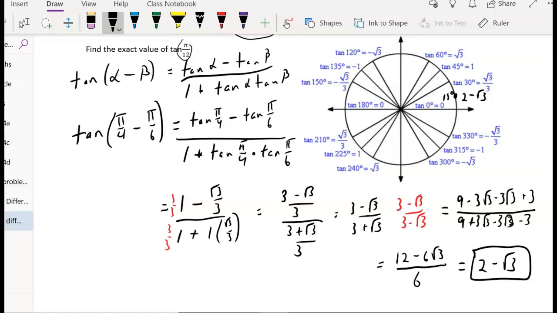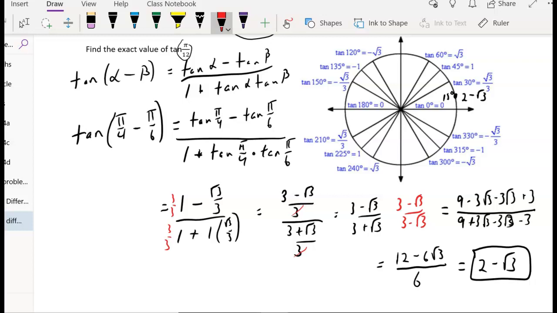Notice, just in case you had any trouble here, I first just plugged in the numbers, and then I got a common denominator. I multiplied these ones by 3 over 3, so I get a common denominator of 3. I then canceled out the 3's here and here.